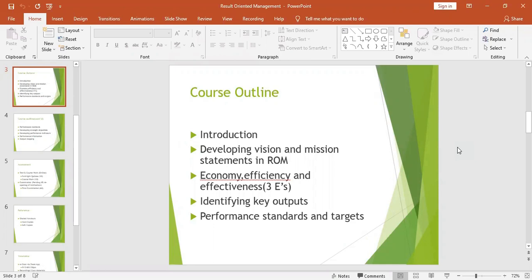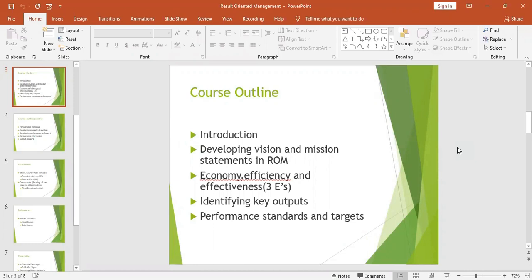If I proceed to define what ROM means, it has been realized that in order to achieve quality, quantity, and to be cost effective, organizations needed to introduce a new phenomenon called result-oriented management.